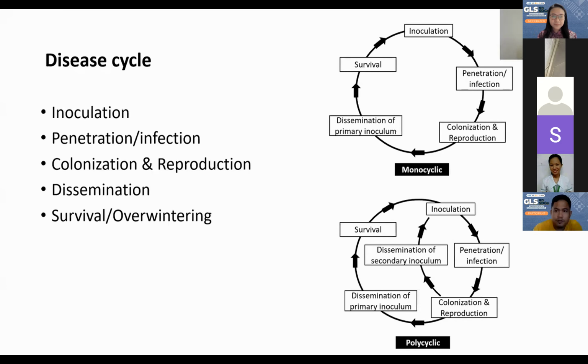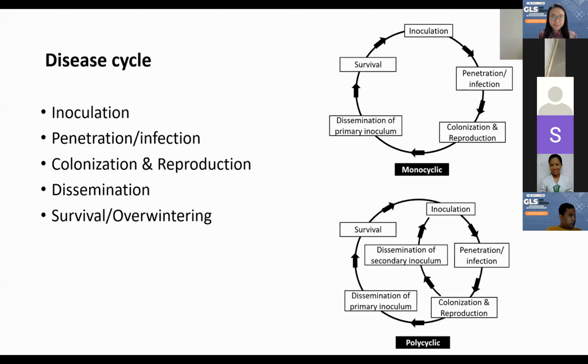After the pathogens get inside of the plant, then they have to be able to colonize and reproduce. And that's when we usually see symptoms like what I have shown you in the second slide of this lecture. Okay, and the next step is dissemination.